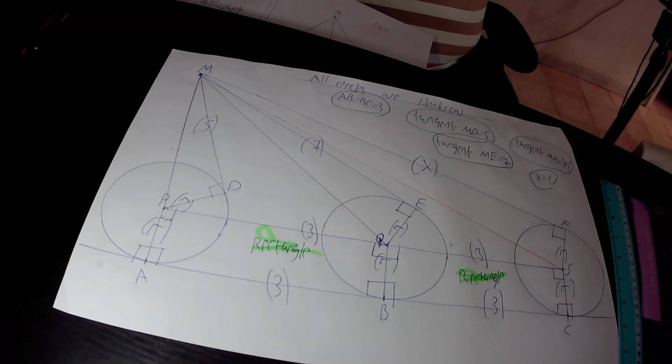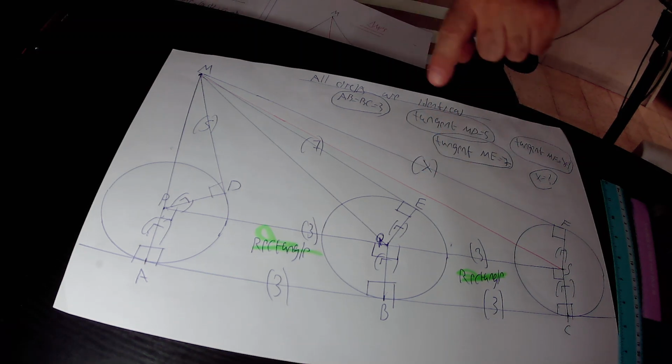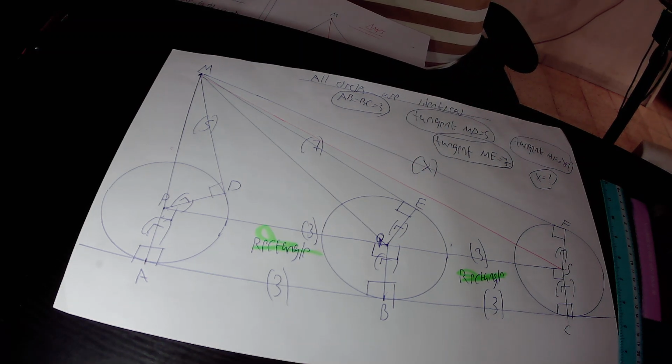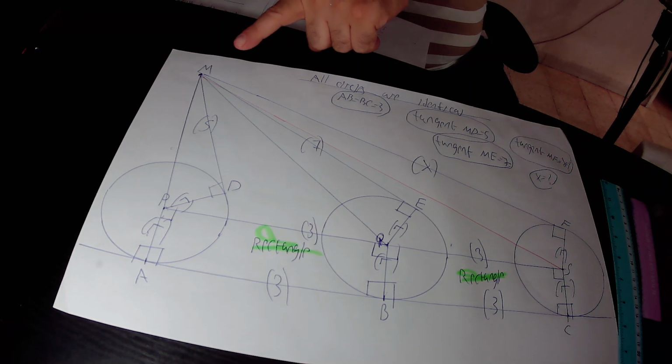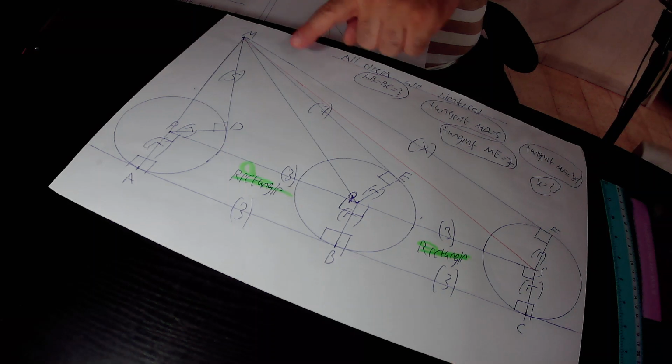That is to say, we join points Q and E together by a straight line. QE is the radius of this circle, that is R. Then we join points M and Q together by a straight line. By joining points M and Q, here we have triangle MQE.